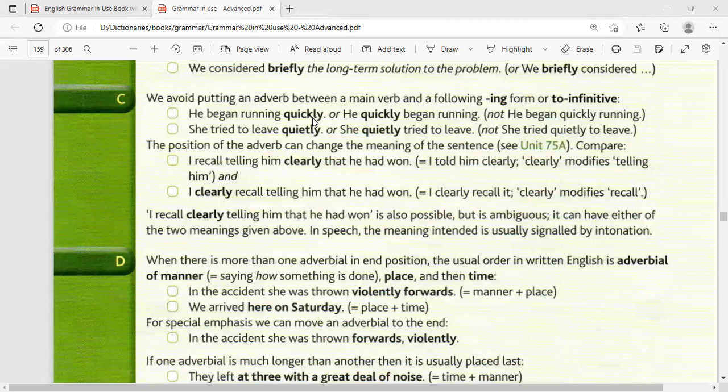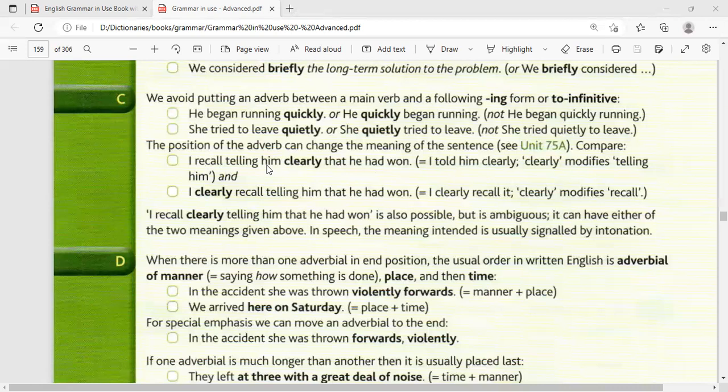Okay, Hannah. Now let's move to the position of the adverb. The position of the adverb can change the meaning of the sentence. We're going to study this in detail, but not now. Look at this example: I recall telling him clearly that he had one.